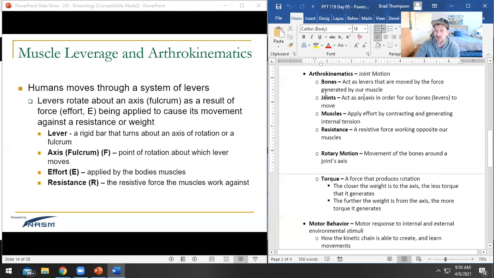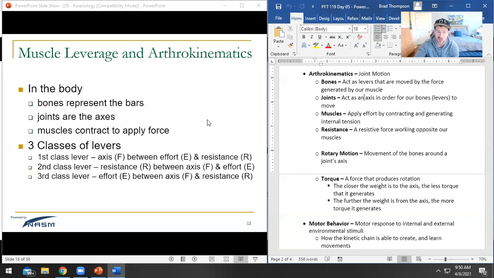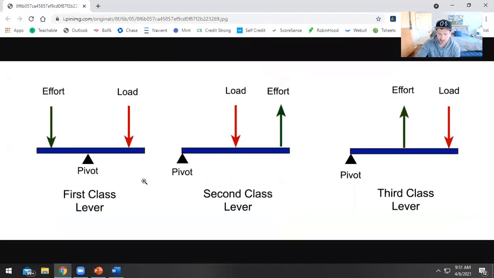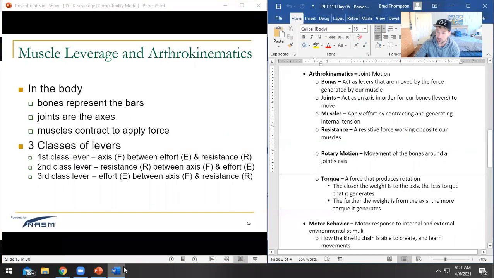So those are your bones, your joints, your muscles, and your resistances, right? These are all key vocabulary terms. We need to look at how they interact with each other. In your body, we've got 3 types of levers: first class levers, second class levers, and third class levers. That's how all of our joints are going to move in one version of these levers.